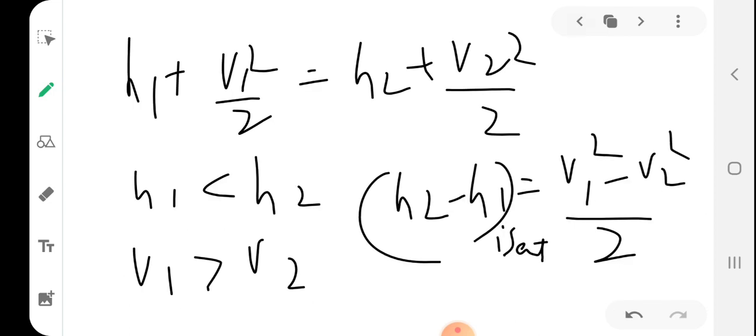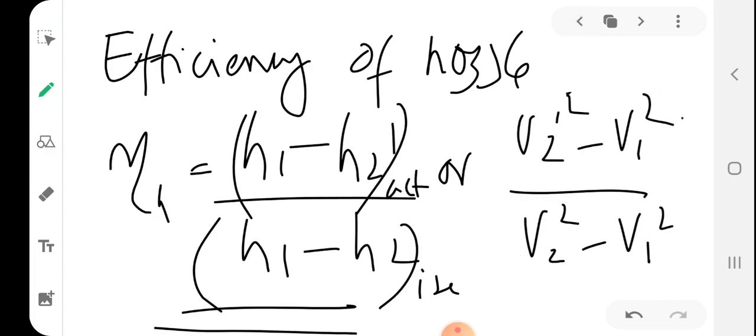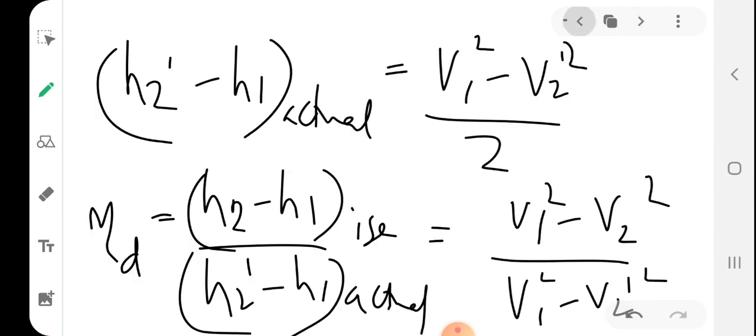Students, you have to note that in the case of the nozzle it is actual by isentropic, and in the case of the diffuser it is isentropic by actual. Why?